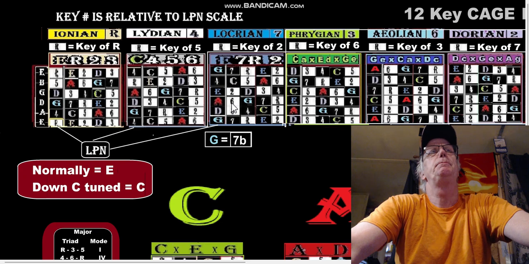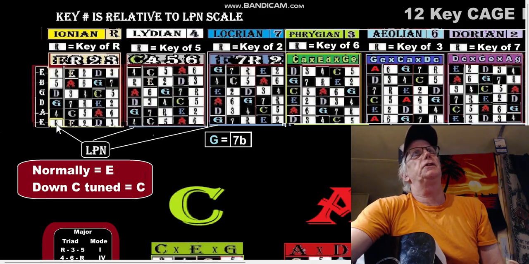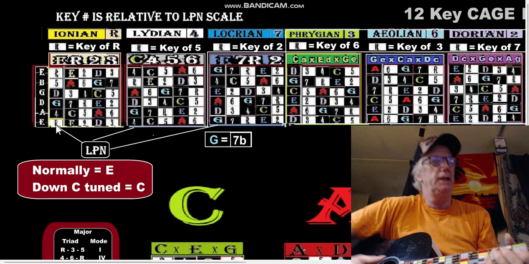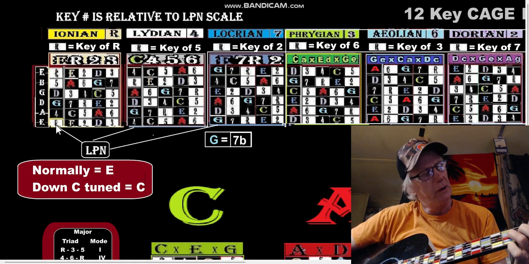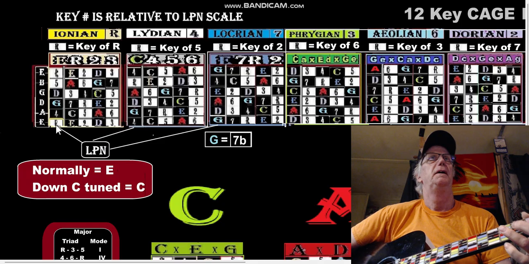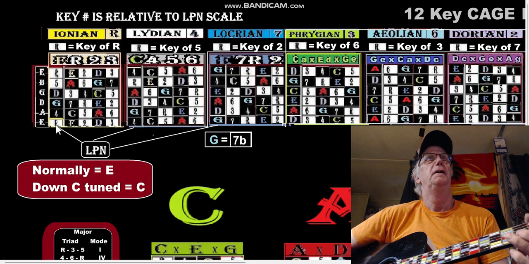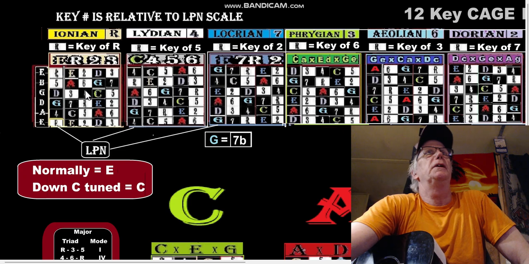because these boxes are used to play in different keys. Okay? So if the LPN is C and I play the scale, which is all the keys that are highlighted in white, it would be, okay, well we're doing a pentatonic scale there, right? I didn't mean to do a pentatonic scale there. And by the way, this is a 4. It's getting so thin it looks like a 1.